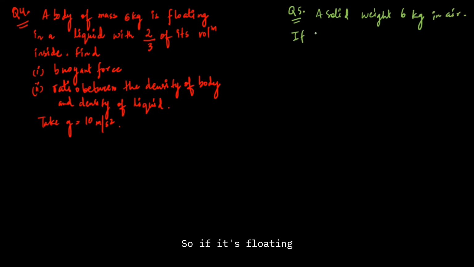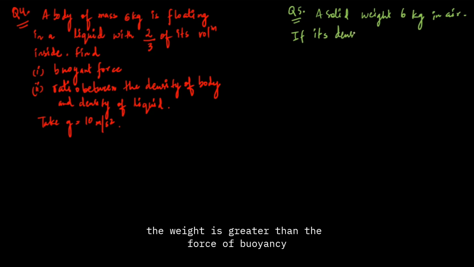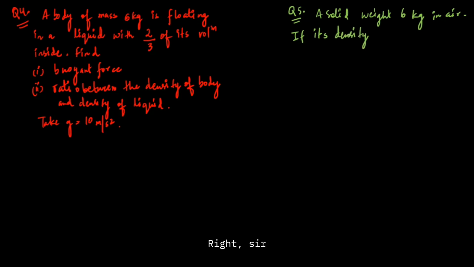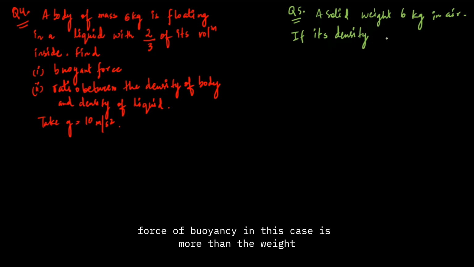If it's floating, then the weight is greater than the force of buoyancy, right, sir? Weight is less than. If it is floating, the force acting in the upward direction, that is the buoyant force, is more than the force acting in the downward direction, that is the weight.